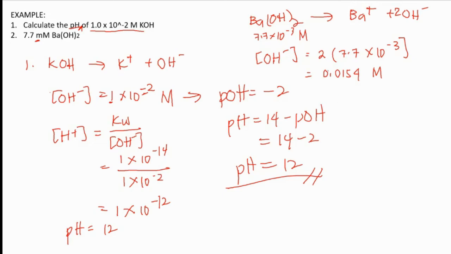Okay? So, alam natin pOH is equal to negative log of 0.0154, is equal to 1.81. pH is 12.19.